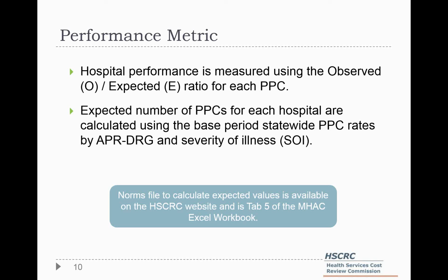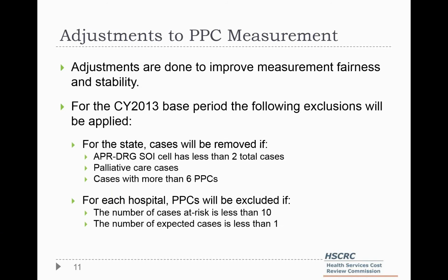This hasn't changed from the previous program. However, we can answer any questions about how these expected values are calculated. The norms file to calculate the expected values is available on the HSCRC website and is tab 5 of the MHAC Excel workbook.